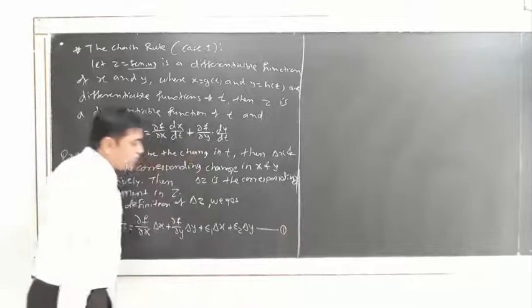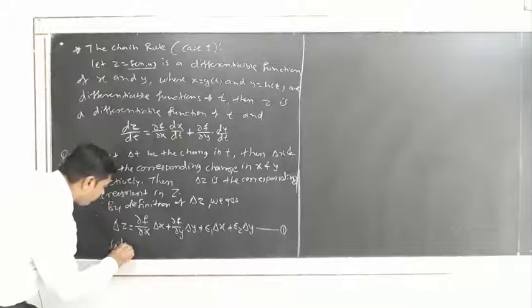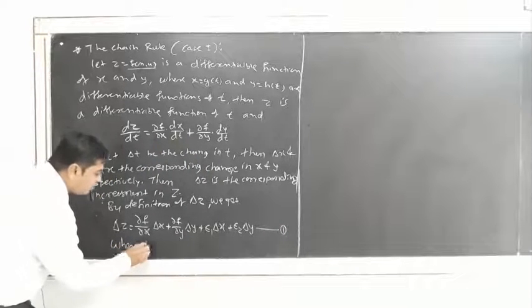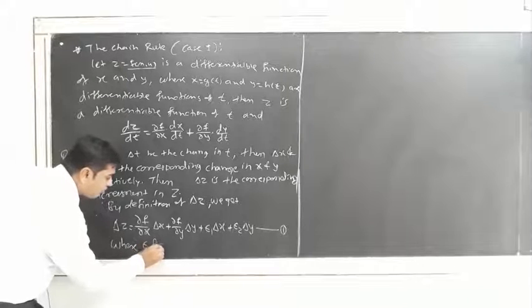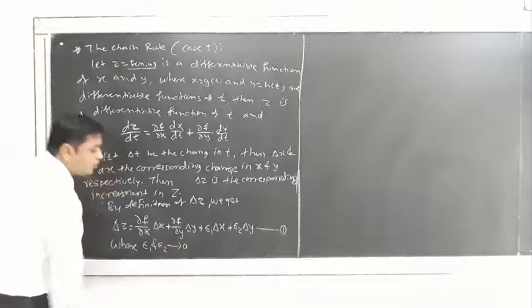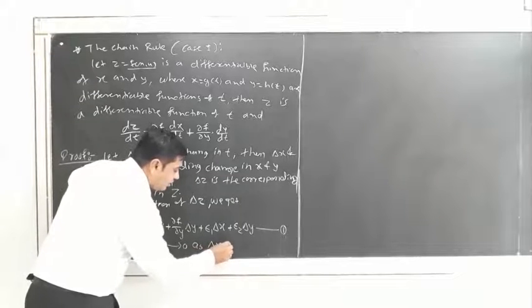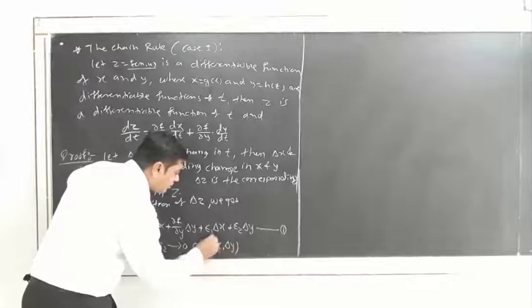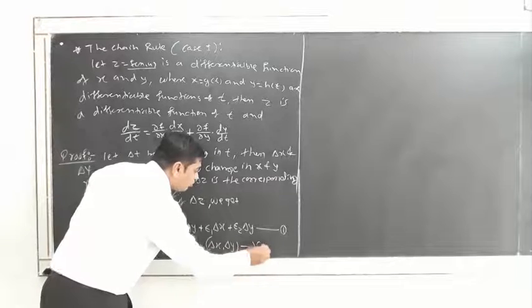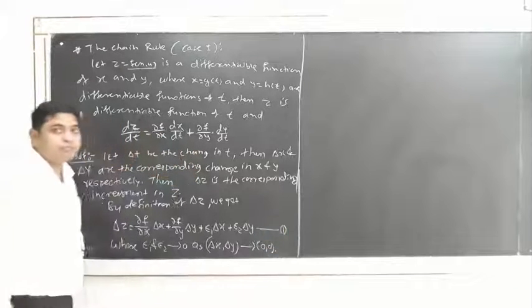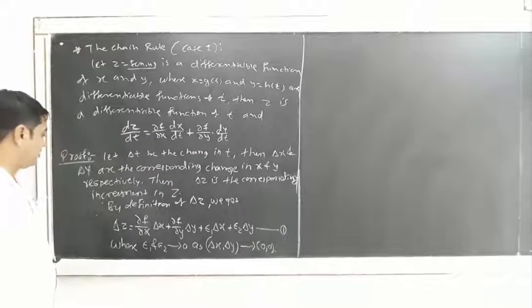This is equation number 1, where epsilon 1 and epsilon 2 tend to 0 as delta x, delta y tend to 0, 0. Already we discussed this definition.